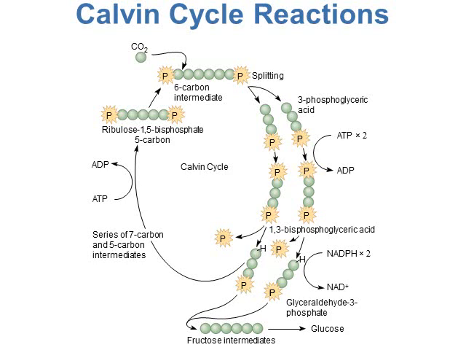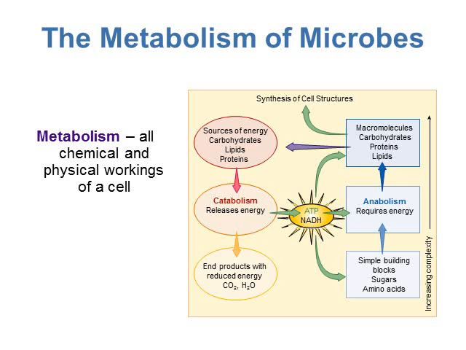We then split that 6-carbon molecule into two 3-carbon molecules. We add in ATP, we add in energy, and then out at the bottom we get glucose, or sugar, produced. So that is basically photosynthesis, very quickly.